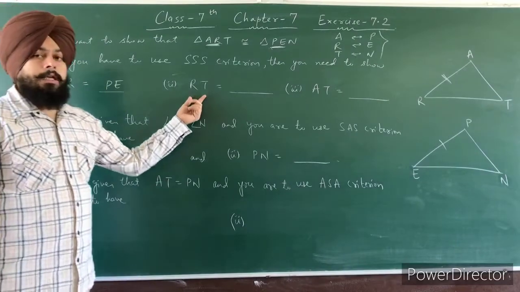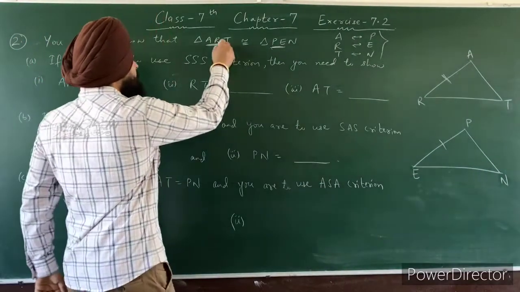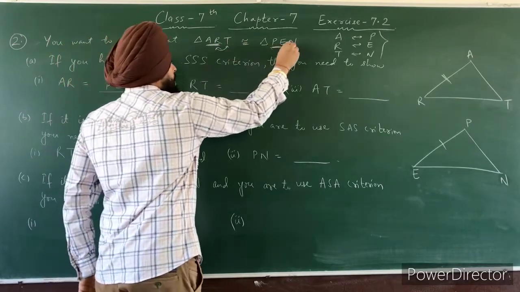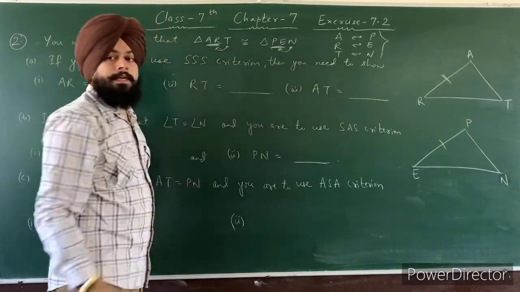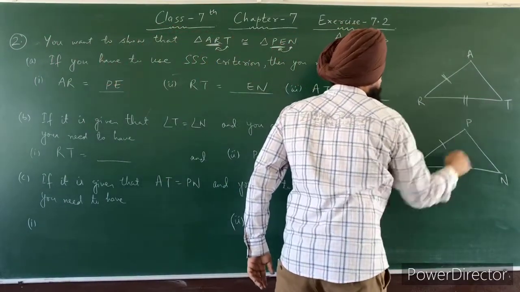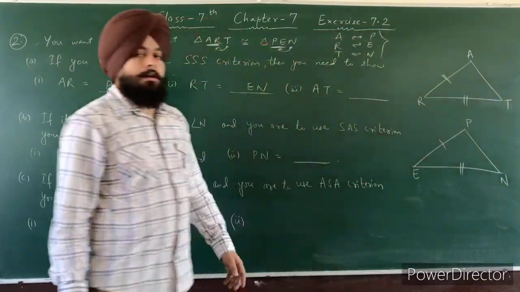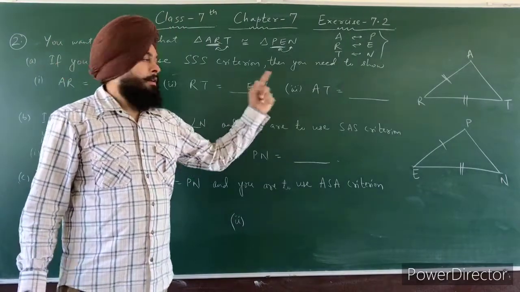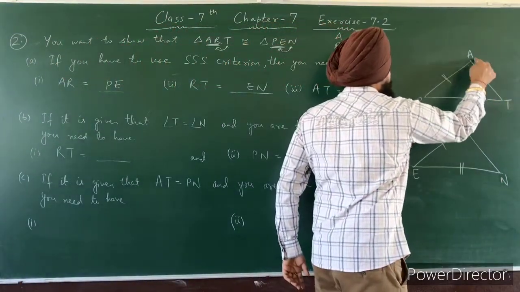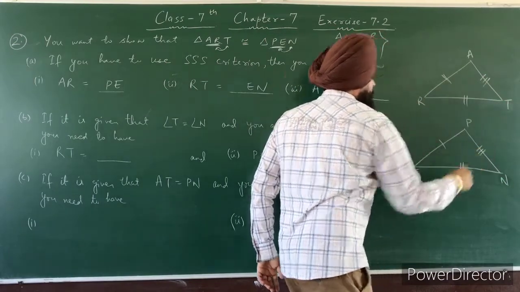Second is RT. You can see here this is RT. So RT is equal to which side? EN. This is RT, this is EN. RT side is equal to EN. Third is AT. AT is equal to which one?